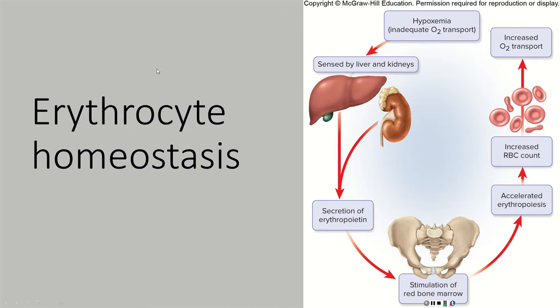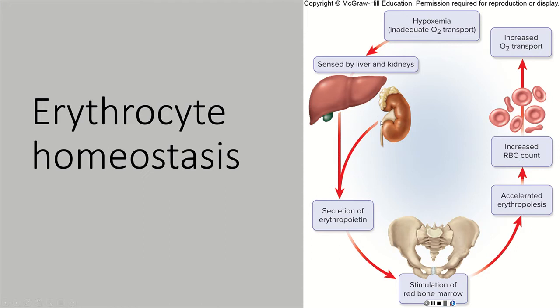And what we see here is hypoxemia. Well, hypo means low. Oxemia, something related to oxygen. Specifically, this is blood oxygen. So low blood oxygen, inadequate oxygen transport, is sensed by the kidneys. It's also sensed by the liver, but it's more the kidneys.